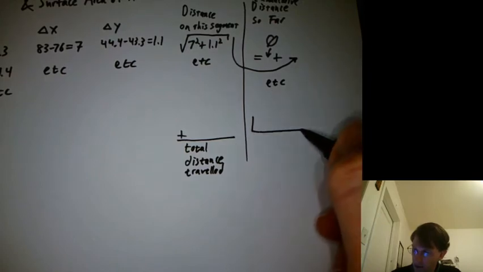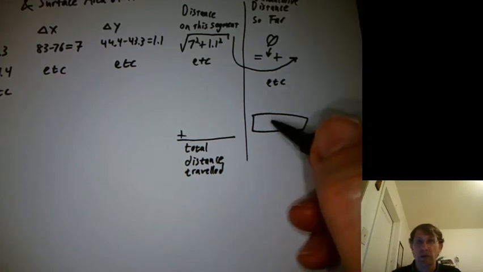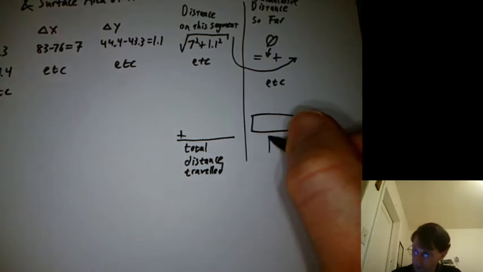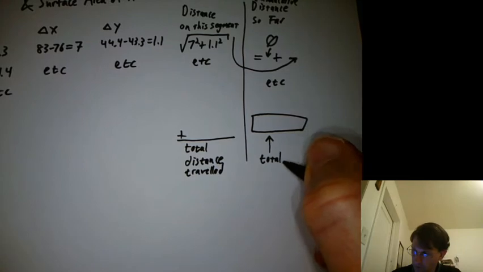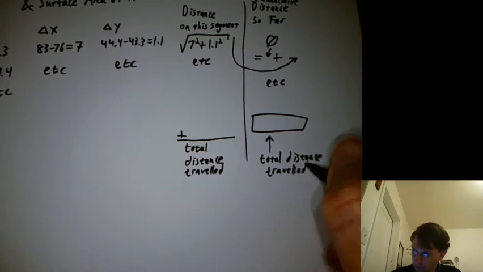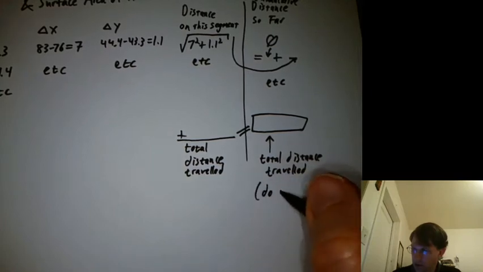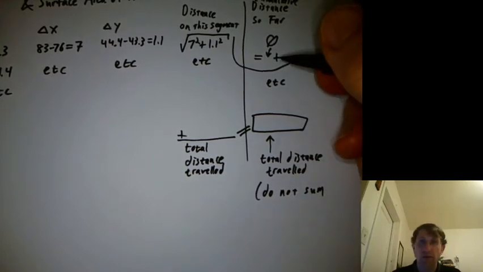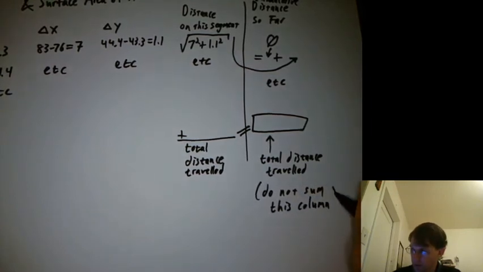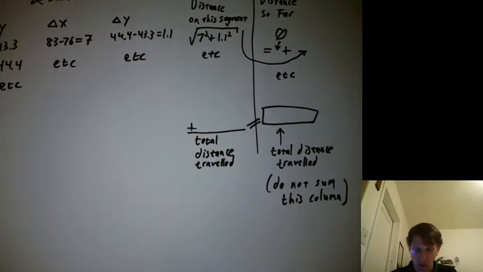And then on the last box here, that would be your total answer, or your total distance. You wouldn't sum the column. This box would be equal to that box. So these two would be equal to each other, and we'd say do not sum this column, because it's already summing stuff from over there. So that would be a straightforward way to do the problem in a spreadsheet.